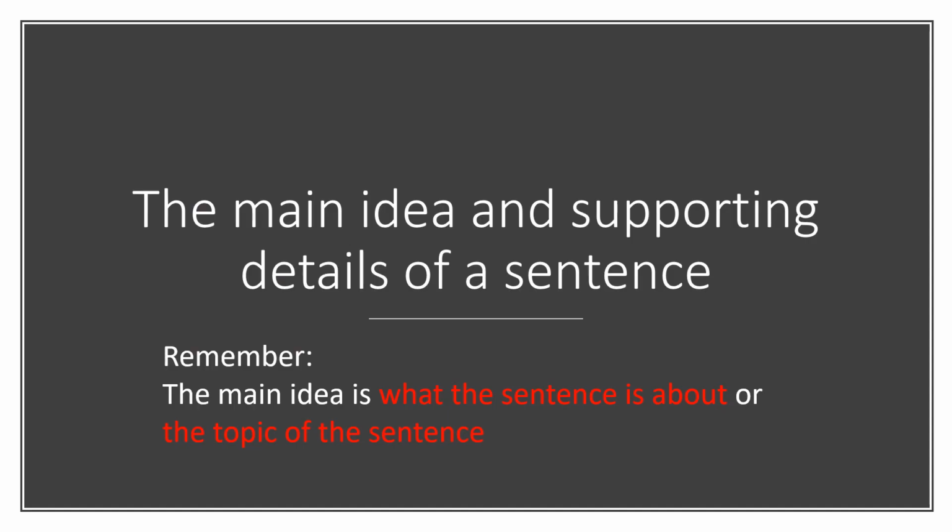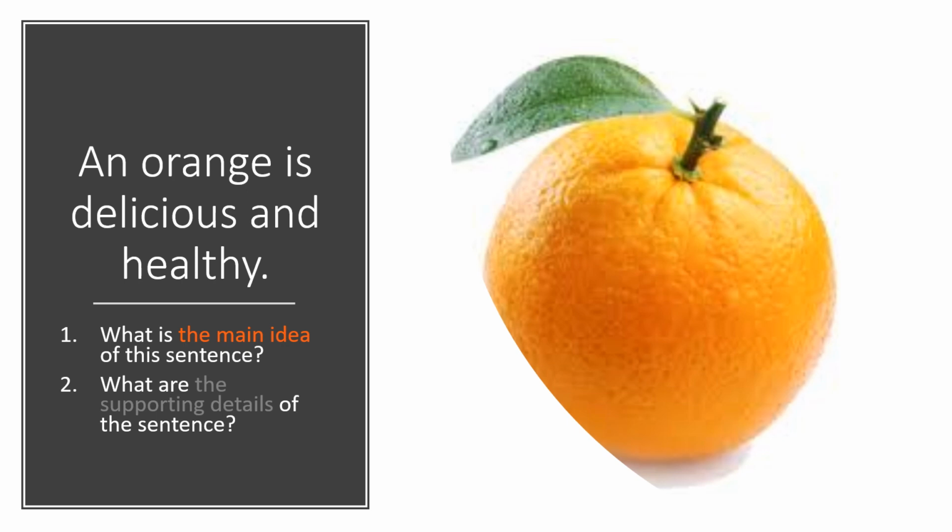Now, we would like to talk about the main idea and supporting details of a sentence. Please remember, the main idea is what the sentence is about, or the topic of the sentence. Once again, the main idea is what the sentence is about, or the topic of the sentence. I have one sentence.